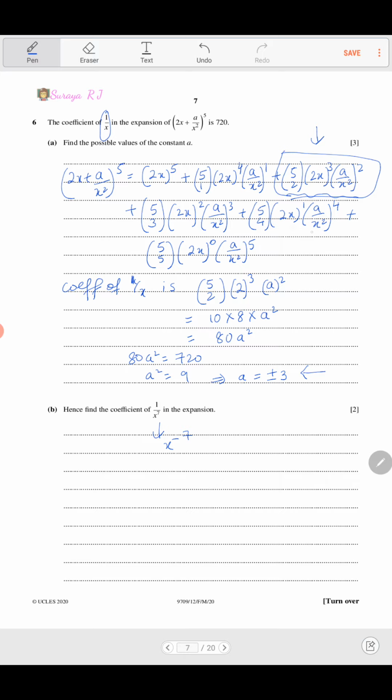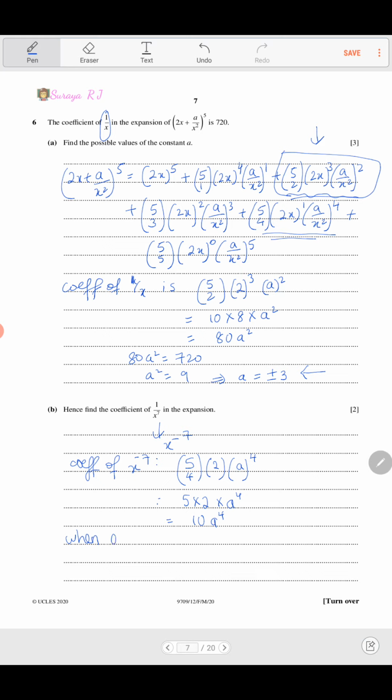So x over x power 8, this term will give us coefficient of x power minus 7. So coefficient of x power minus 7 is 5c4 times 2 times a power 4. So we have 5c4, which is 5, times 2, and then a power 4, that is 10a power 4.